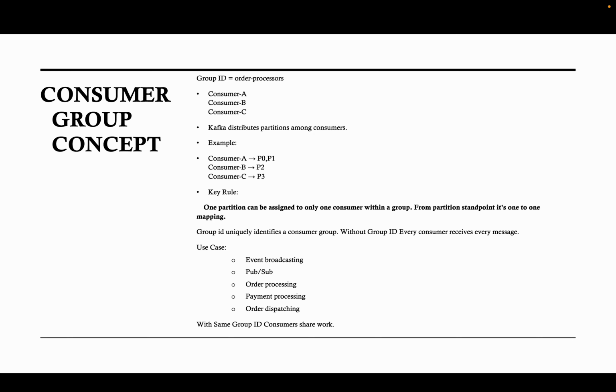The Kafka broker takes care of assigning the partitions to the consumers, but it maintains one significant rule: one partition can be assigned to only one consumer within the group. From the partition standpoint, it is always a one-to-one mapping. Yes, a consumer can own multiple partitions or one partition, that depends on the Kafka broker. But one partition will be assigned to one consumer. Hope I am clear till now.